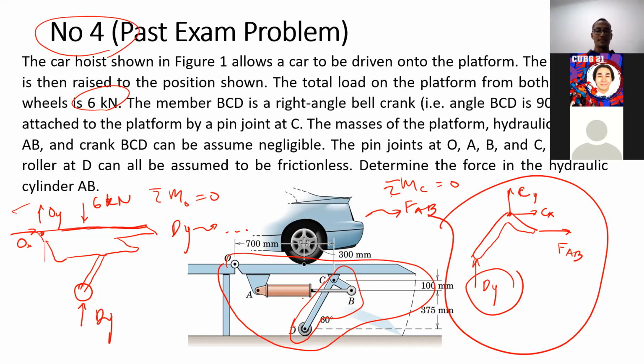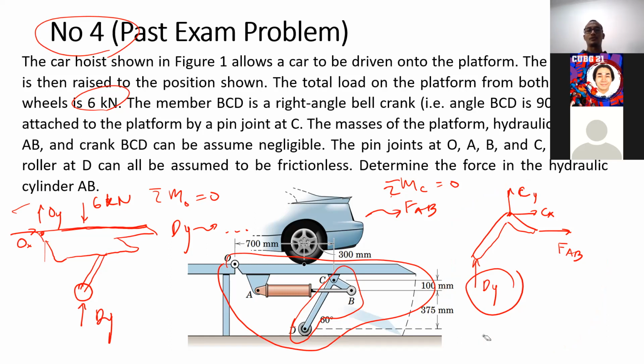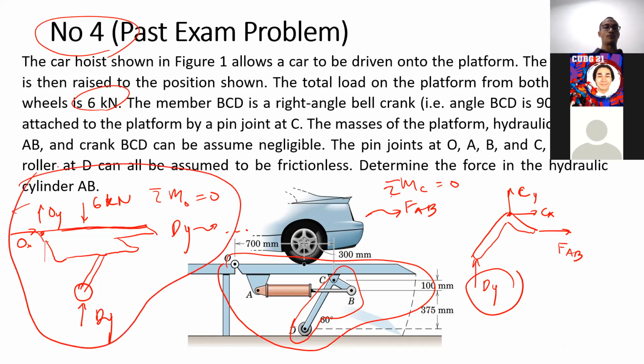For example, it's like this one. We know that by solving one of the unknowns, we can solve for the problem using this particular free body diagram. Then we use the whole free body diagram to solve for Dy, and we bring Dy here to solve for FAB. That's the example.